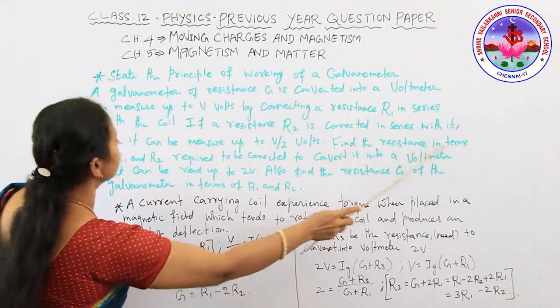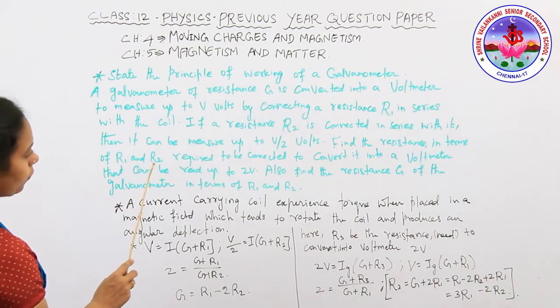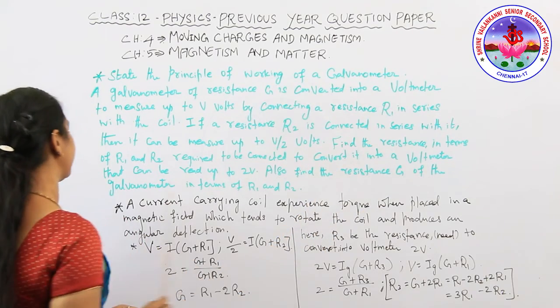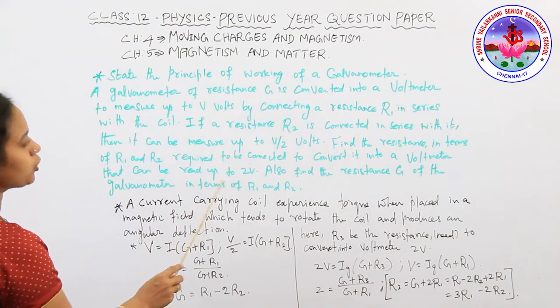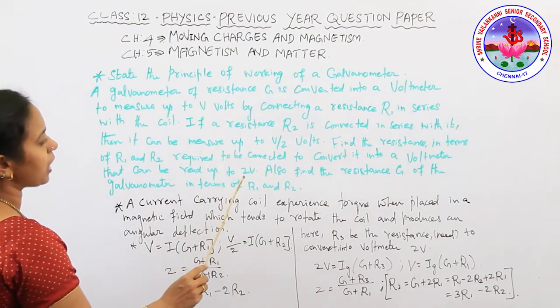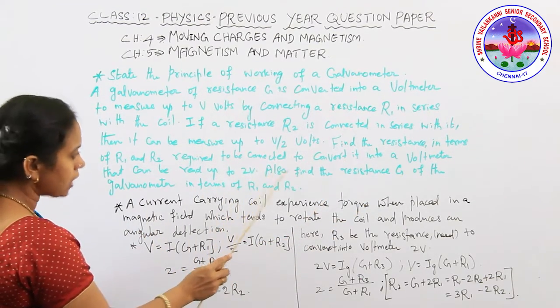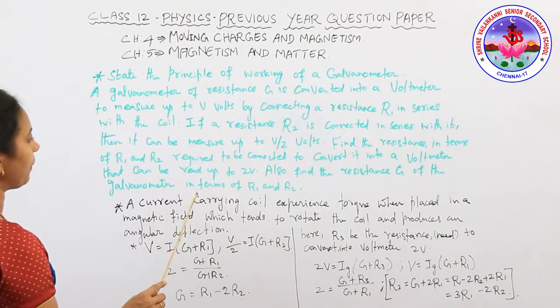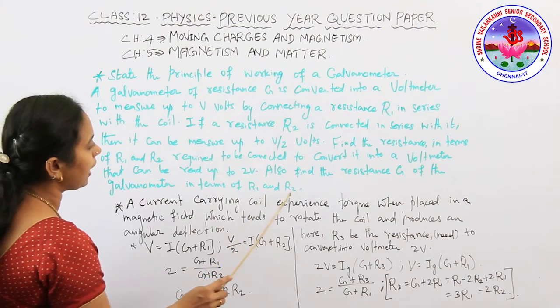So find the resistance, in terms of R1 and R2, which is required to be connected to convert it into a voltmeter that can read up to 2V volts. Also you have to find out the resistance G of the galvanometer in terms of R1 and R2.